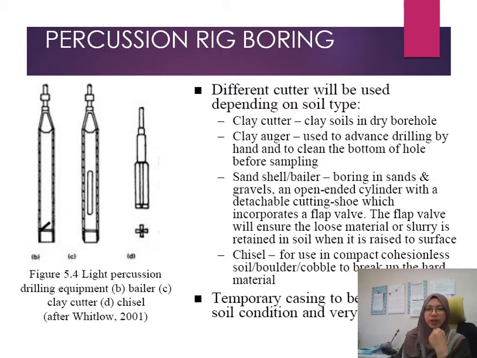Either you can use a clay cutter, clay auger, sand shell, or baler, chisel, right? And then temporary casing is to be used in loose soil condition and for very deep holes.